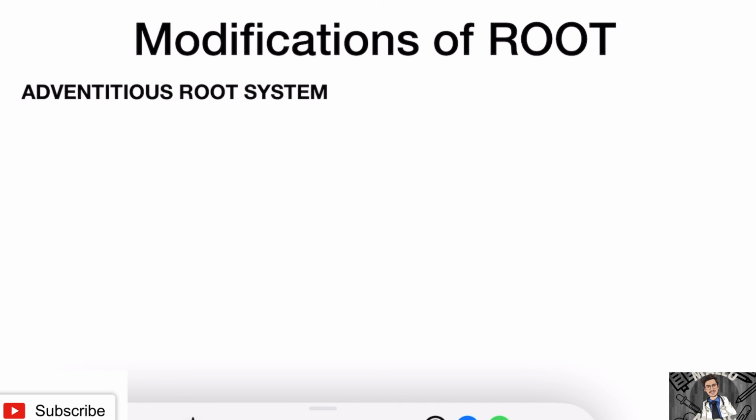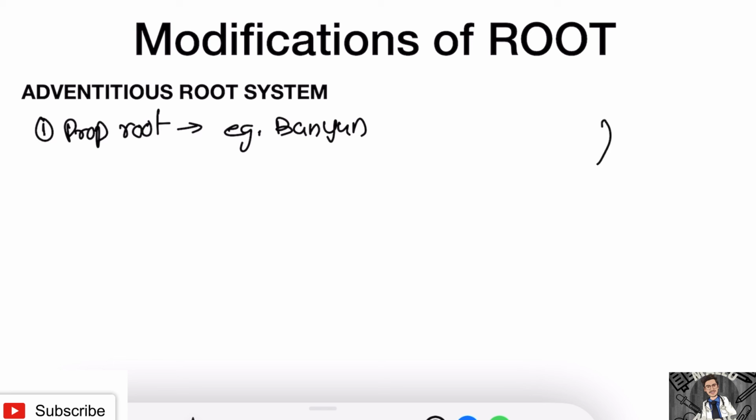So what are the modifications of root in the adventitious root system? We have modifications like the prop root. So what's a prop root? The prop root is seen in plants like the banyan tree. These are the roots growing vertically downwards from the horizontal branches.